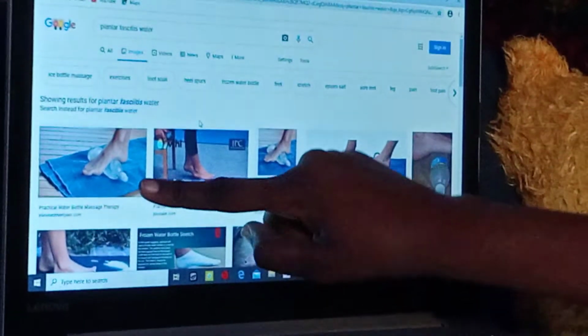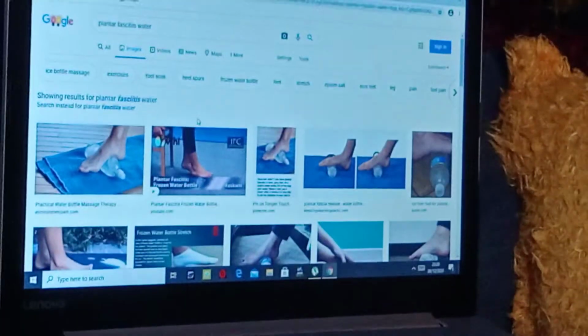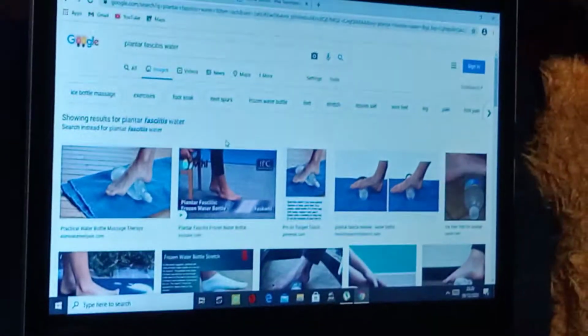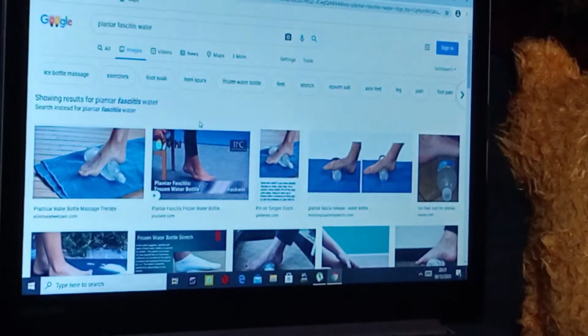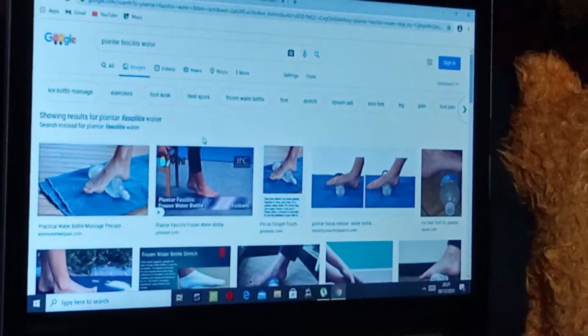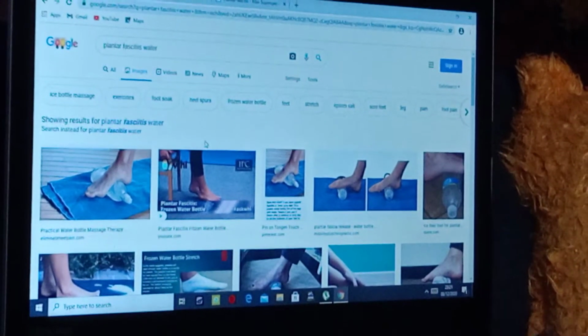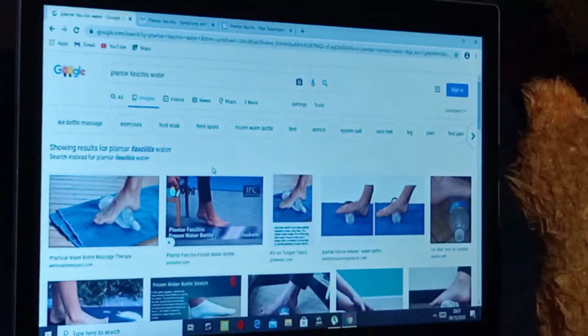You get a bottle, fill it with warm water, and then using your feet, you step on the bottle and roll your foot on the bottle. This acts like a massage you're applying to the tendons at the bottom of your feet and the heel. So this is a quite affordable method of managing this condition.